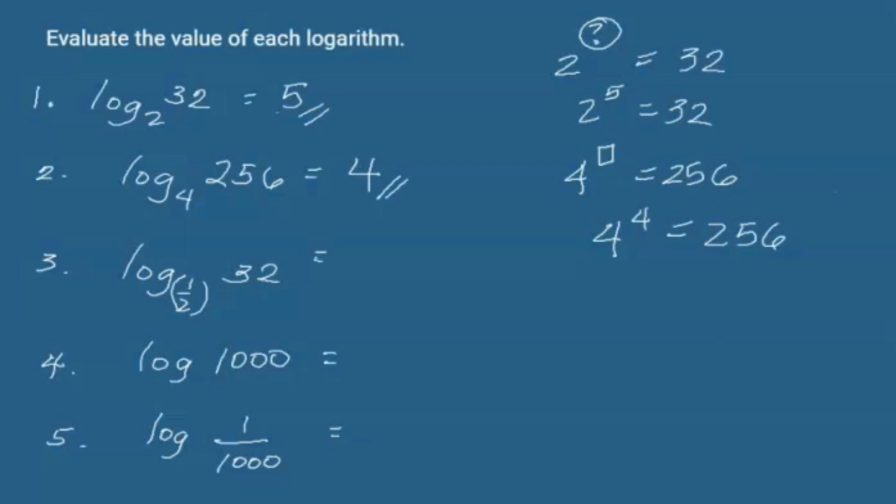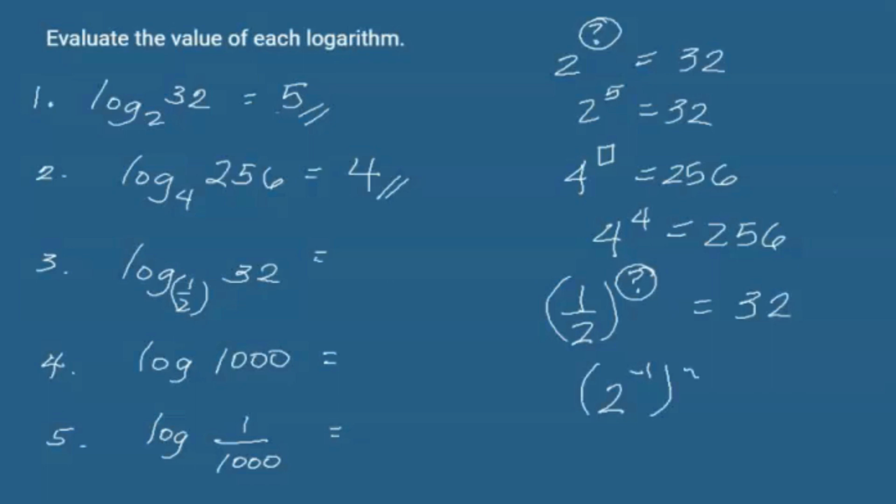Okay, number 3. The logarithm of 32 to the base 1/2. So it's similar to number 1, but our base is 1/2. Okay, what would be the exponent to give us 32? So if we're going to reverse 1/2, that would be 2 raised to -1.